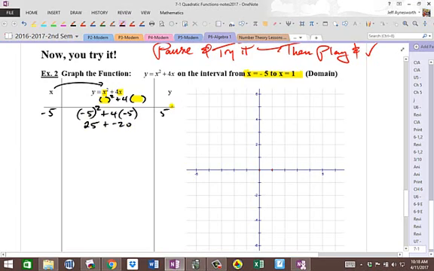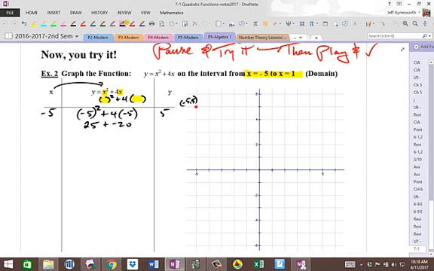So my first point is -5, comma 5. I'm going to go left 5, up 5, which is right here.